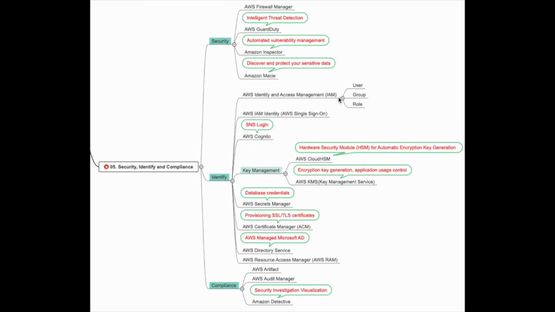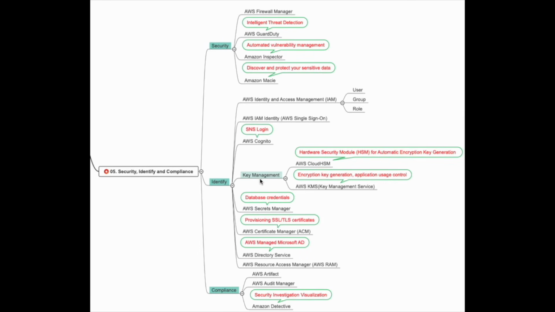All control of AWS is managed by IAM. IAM has a user, group, and role system. Key management services include AWS CloudHSM and AWS KMS. In compliance, services that help with security audits include AWS Artifact, AWS Audit Manager, and Amazon Detective. For more detailed information, we will look into it during the relevant service topic lecture.